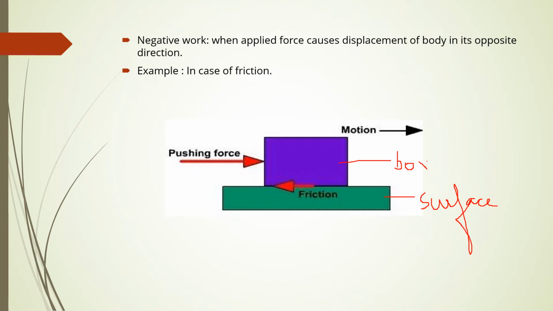It is indicated by the red arrow mark. This is the direction of the pushing force. And the motion is again indicated by another arrow mark. You can see the box is moving in the same direction in which the force is applied.